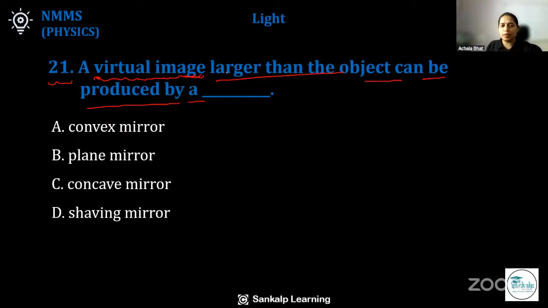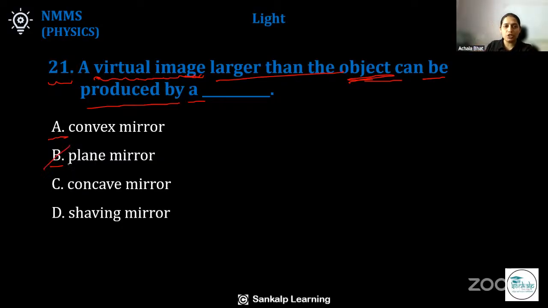Now, a virtual image larger than the object can be produced by option A, convex mirror. B, plane mirror. In a plane mirror, what happens? A virtual image is formed, correct. But the image formed is not larger than the object size.